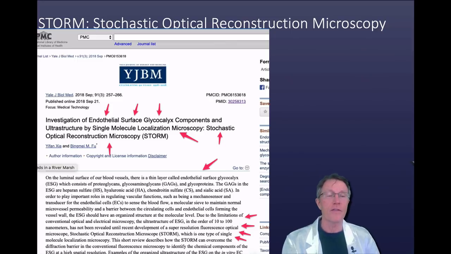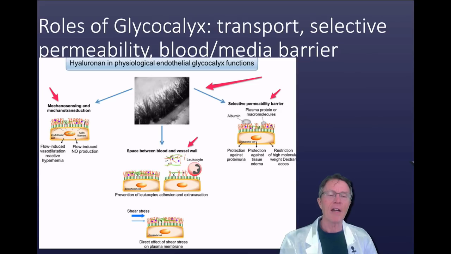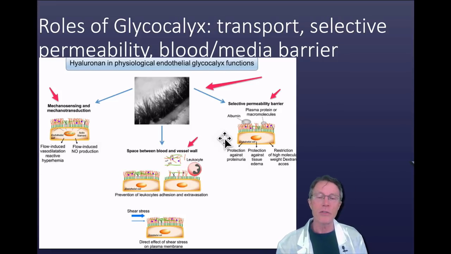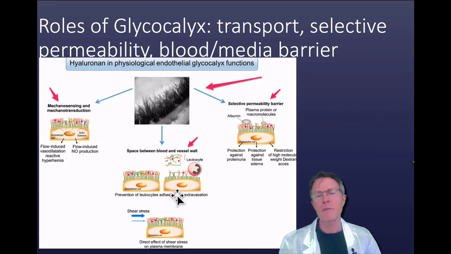If you want to listen to 15 seconds or a minute and then leave, the short version is it's these hairy things that stick out into the inside of the artery wall, and they have a heck of a lot to do with transport of things in the blood to the tissue. They have a lot to do with selective permeability or lack of transport. They have a lot to do with the space between the blood and the vessels.